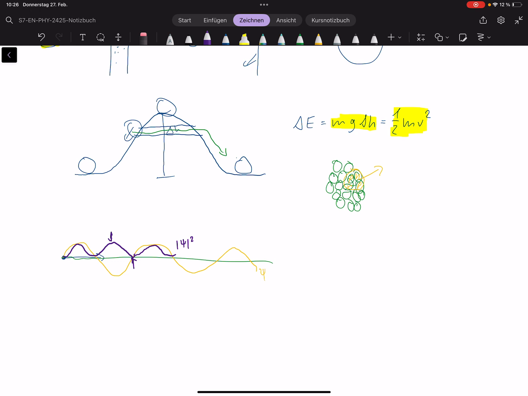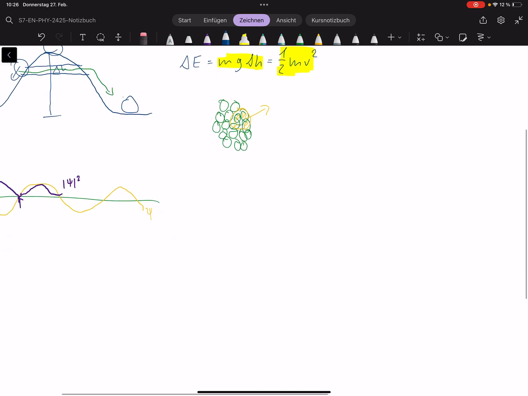And now we look at a quantum object that is bound by some other object, or forced into a certain position, trajectory, whatever. And this can be modeled by two barriers that are higher than the energy.